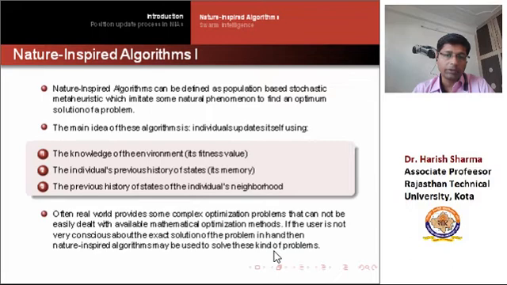So a formal definition of nature-inspired algorithms is that they can be defined as population-based stochastic metaheuristics which imitate some natural phenomena to find an optimum solution of a problem. Here the population means a group of individuals used in the solution search process.